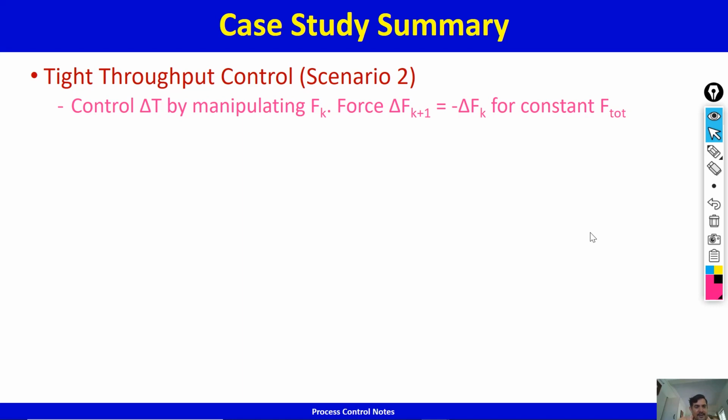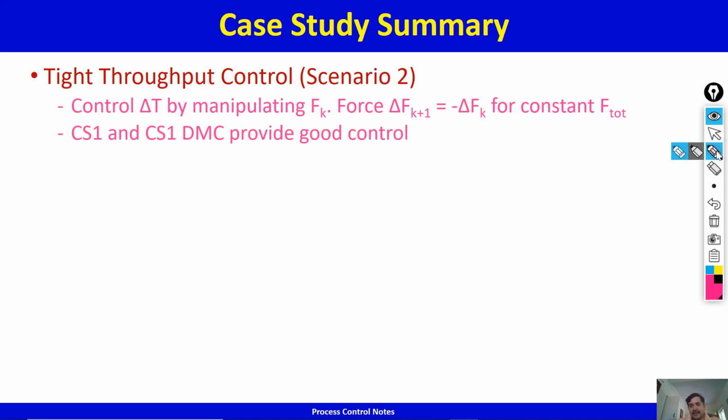This is the idea behind CS1, and this action right here ensures that T1 and T2 or Tk and Tk plus 1 move towards each other.